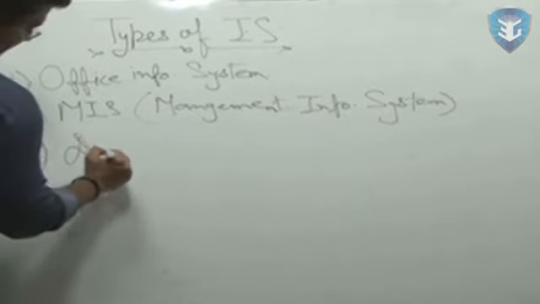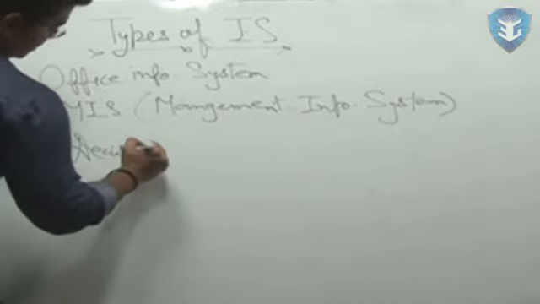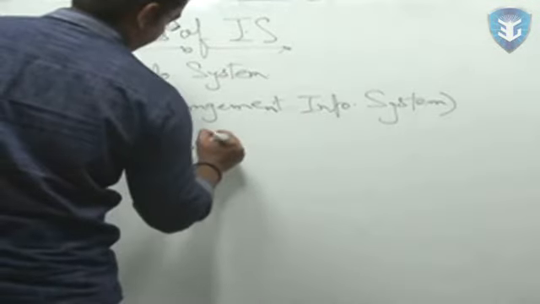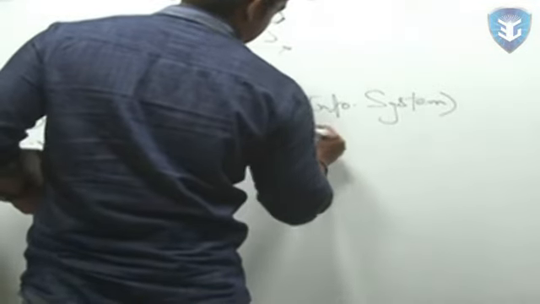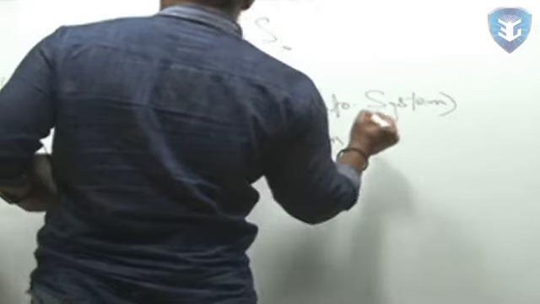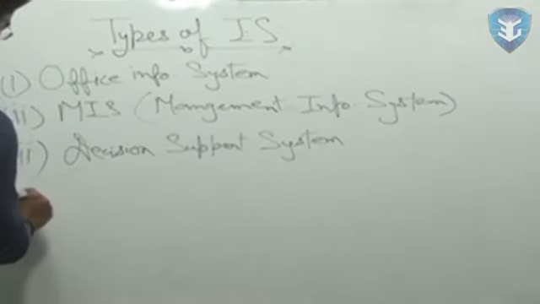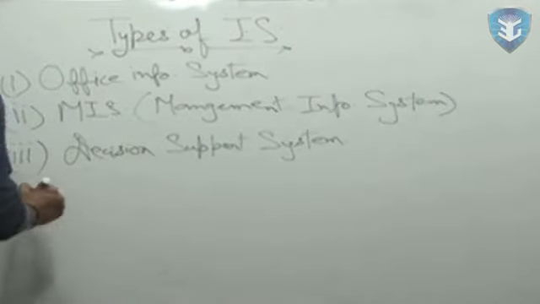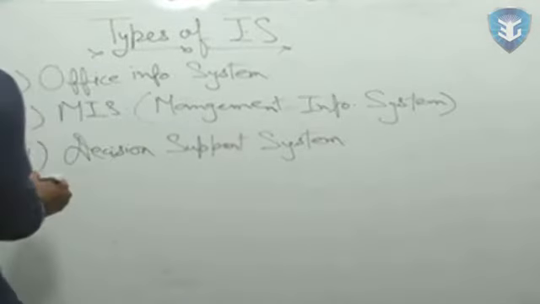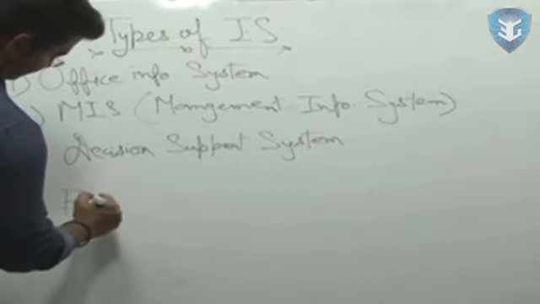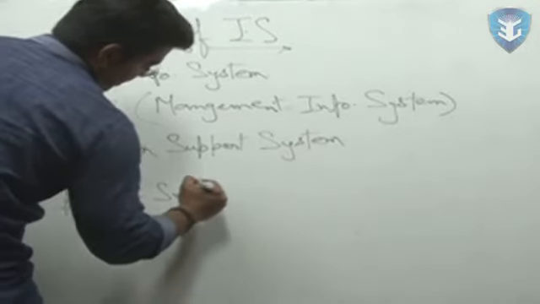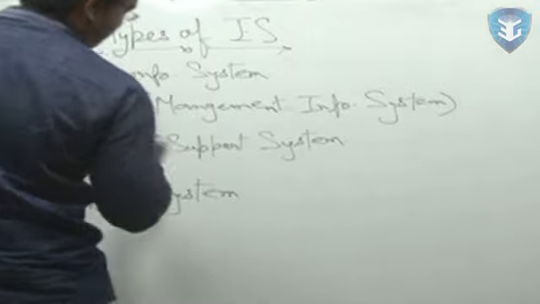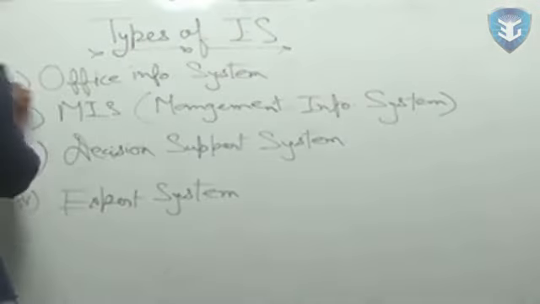Third is Decision Support System, which is made and established to support the decision making process of the organization. And the fourth one is Expert System. This system is used by experts to analyze the information and to process the data.